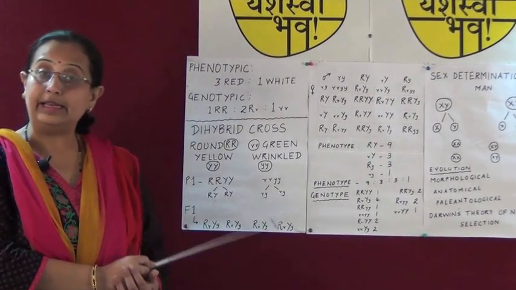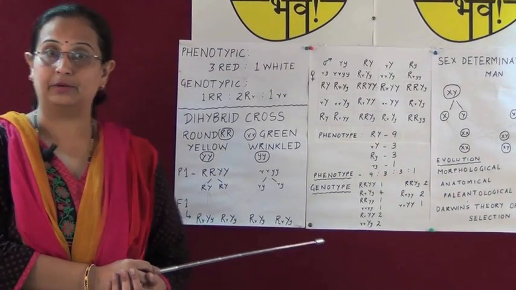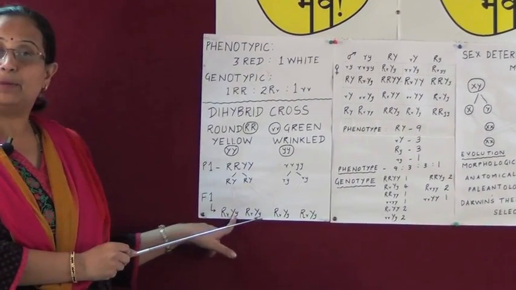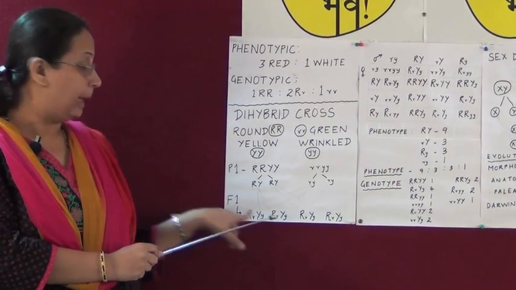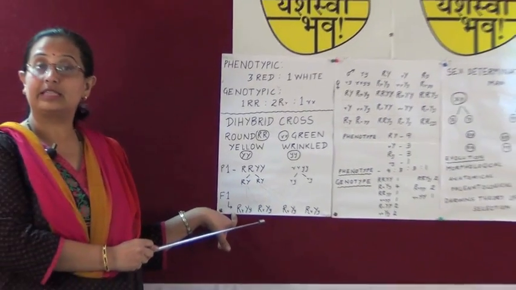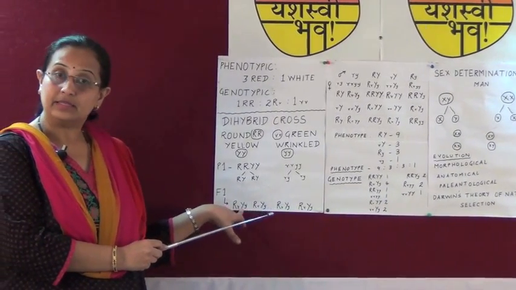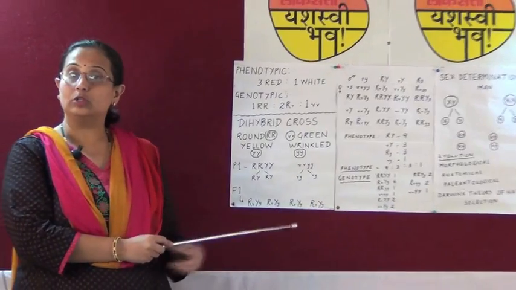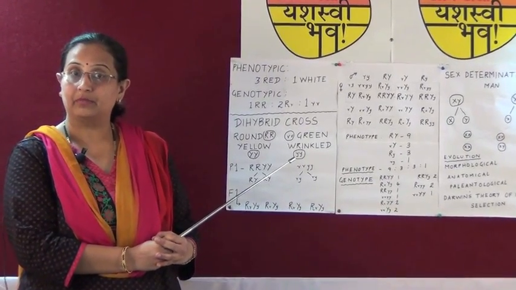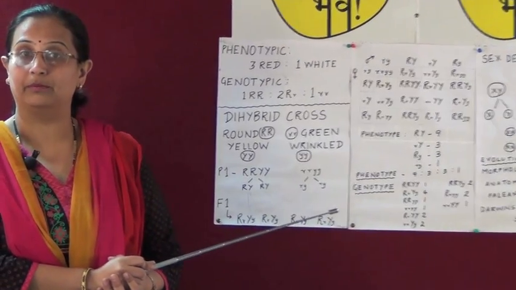Capital R indicates the formation of a dominant character, whereas capital Y is the yellow dominant character. Capital R is the round seed which is dominant, whereas small r is the recessive character. Small y is also the recessive character. Thus, there are four types of gametes which are formed.